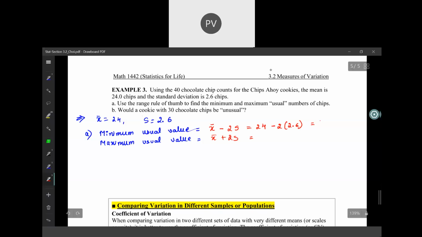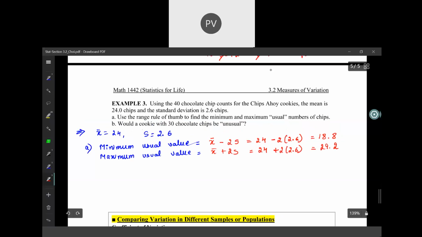Yes, 18.8. Maximum value will be 24 plus 2 times 2.6, which is equal to 29.2. So these are the minimum and maximum usual values according to the range rule of thumb.